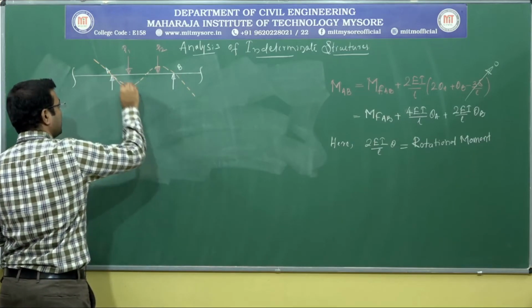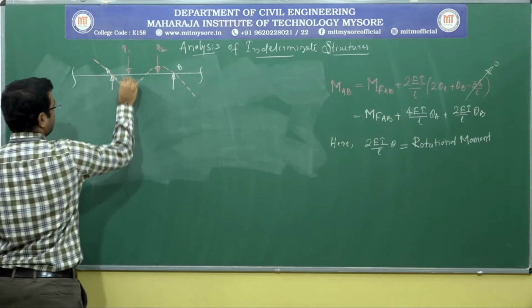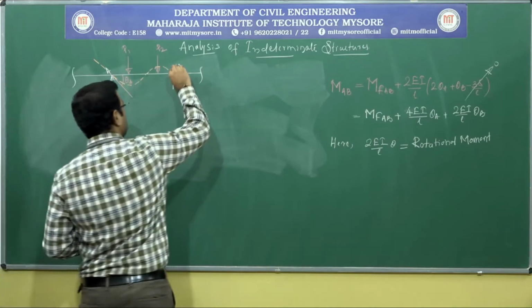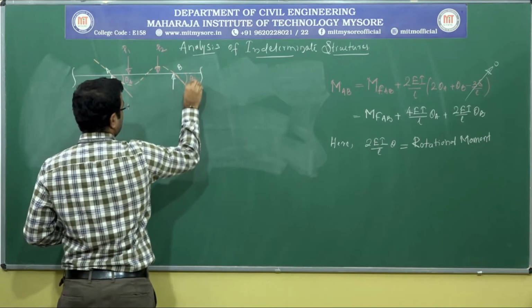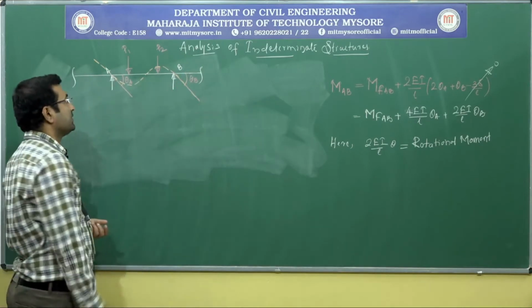Let us call the rotation at this joint as theta A, similarly the rotation at this joint as theta B, okay.